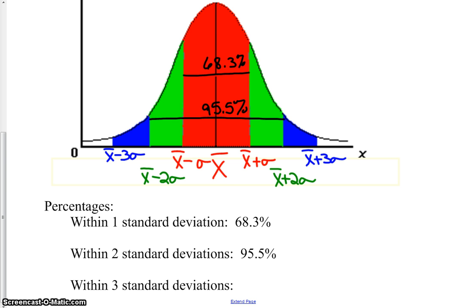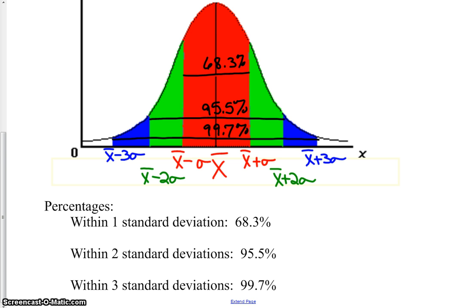Within 3 standard deviations, we end up at 99.7%. So 99.7% of the data is going to fall between 3 standard deviations, 3 to the left and 3 to the right. Again, as I said before, 99.99% will fall within 4 standard deviations.